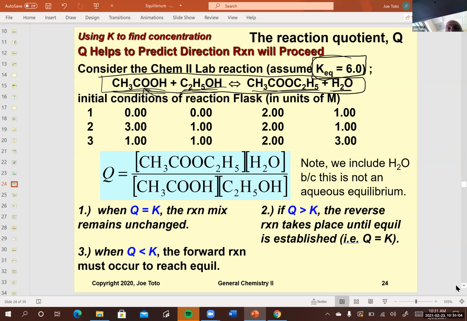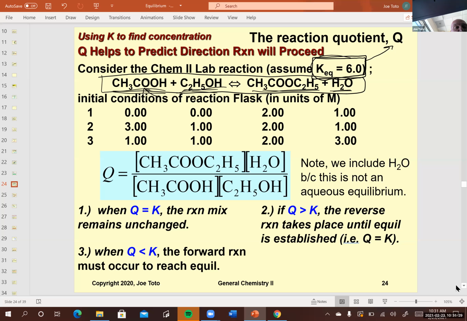So when you're given the equilibrium constant, you can use this Q concept. If you don't know what the equilibrium constant is, then Q's not going to help you figure out where you are in relationship to the equilibrium and therefore which way the reaction has to shift. So you really have to know the equilibrium constant value.